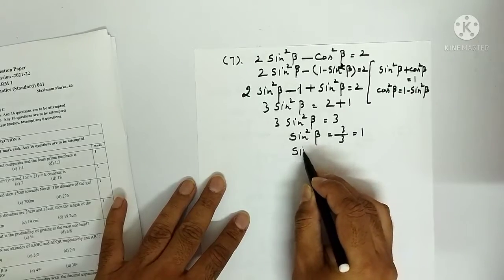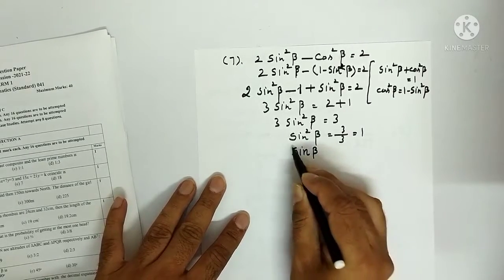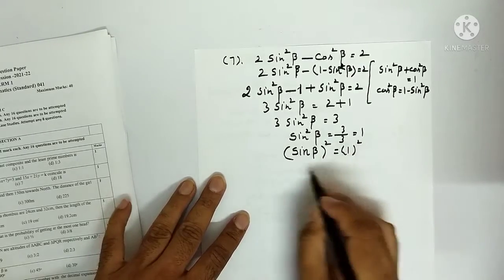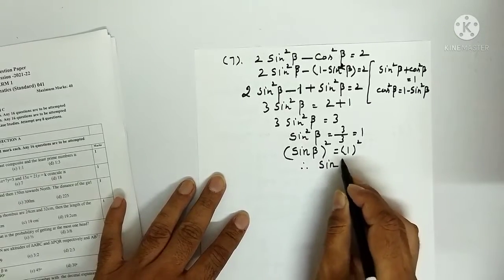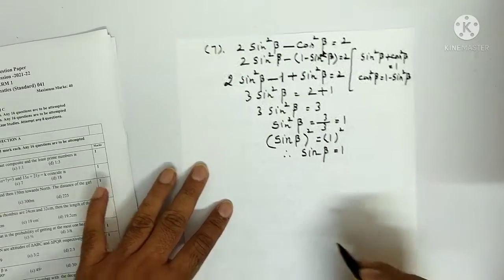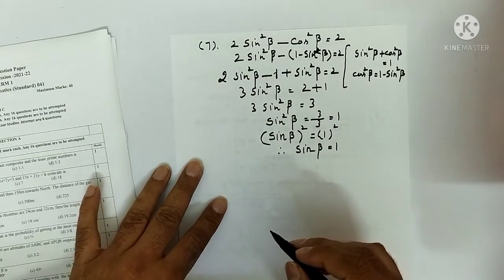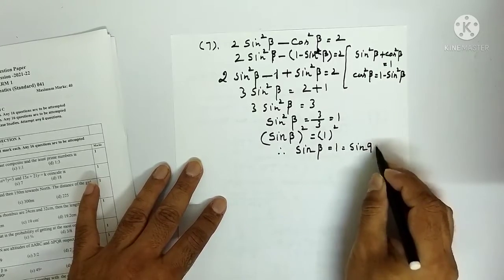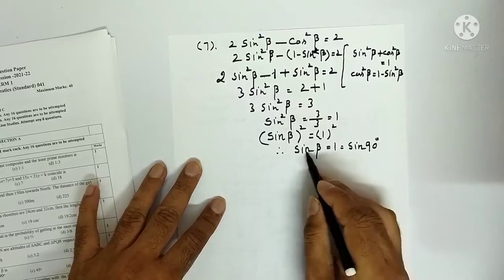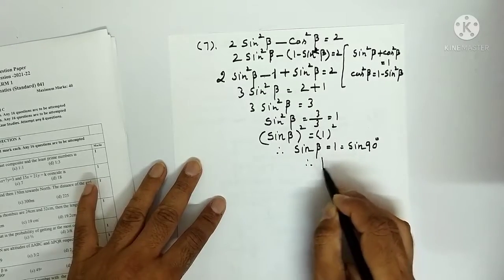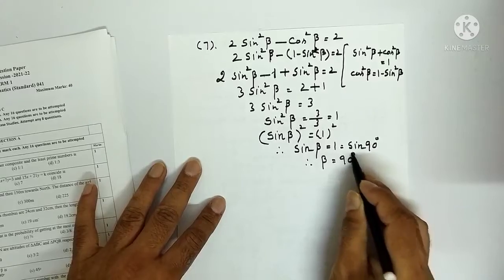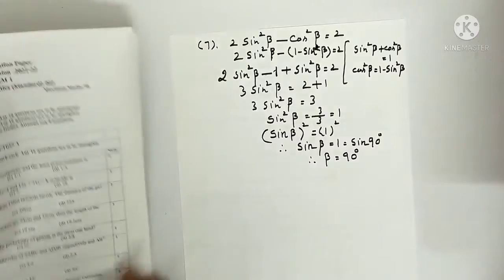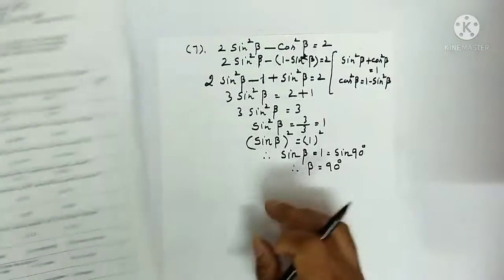I can write sin beta whole square is equal to 1 square. So therefore sin beta is equal to 1. And sin beta's value 1 is at which degree? Sine 90 degree is 1. So if I compare, beta will be how much? 90 degree. And this answer is here. 90 degree is part number B. This B part is 90 degree.